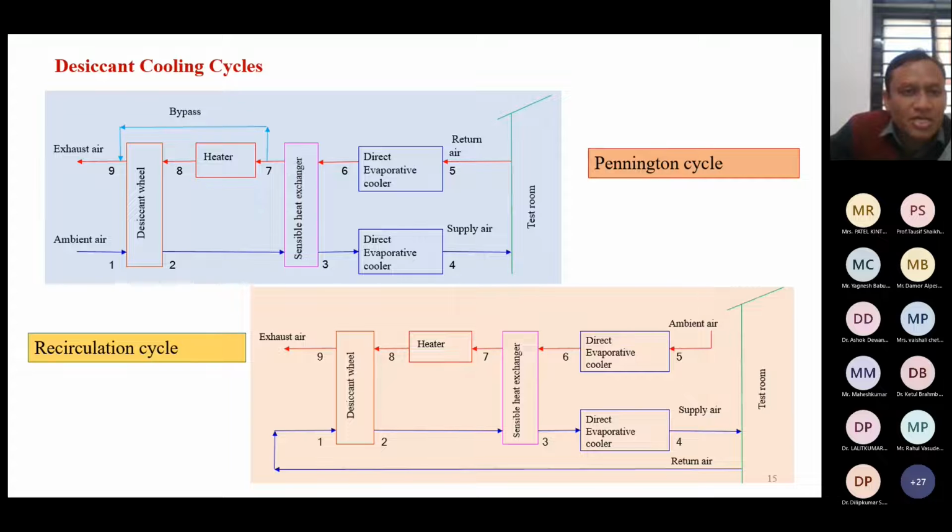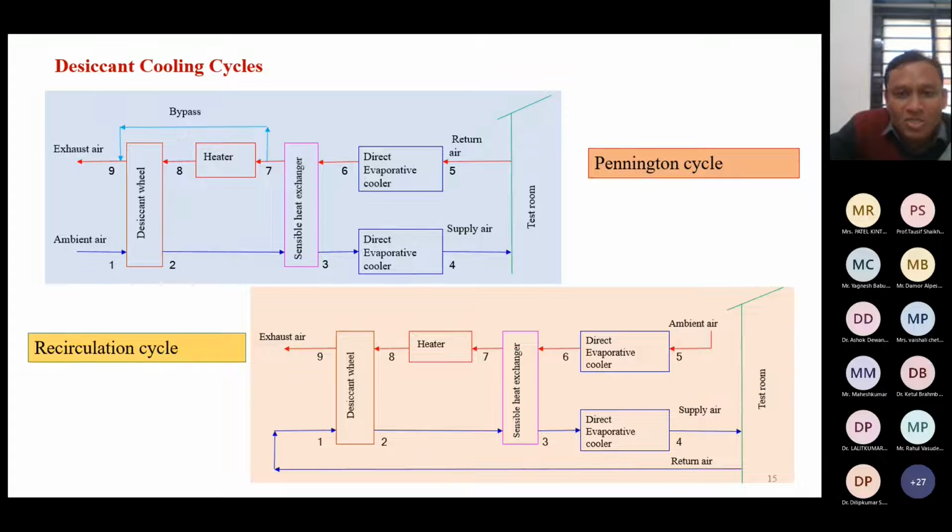These are the different cycles in which we are compiling the two systems. This is incorporated with the sensible heat exchangers and the desiccant wheel that is directly connected with the direct indirect evaporative cooling systems.